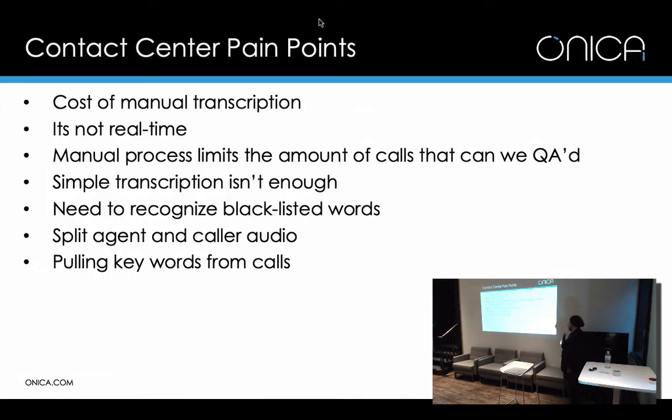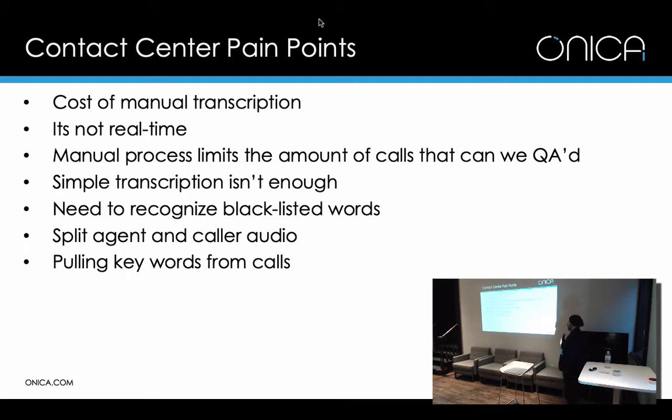So essentially, from my time in telephony, what I experienced as pain points for contact centers specifically, I don't know if there are any contact center folks in the building, is with transcription. The recordings of their call center calls are mostly manually transcribed.